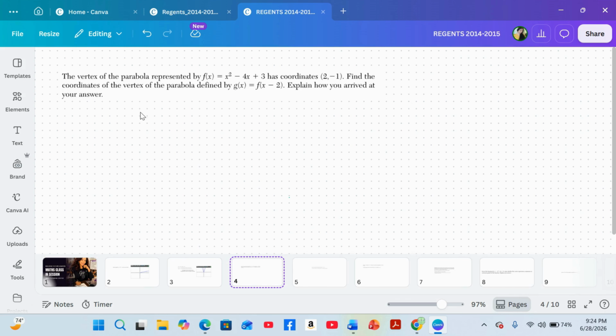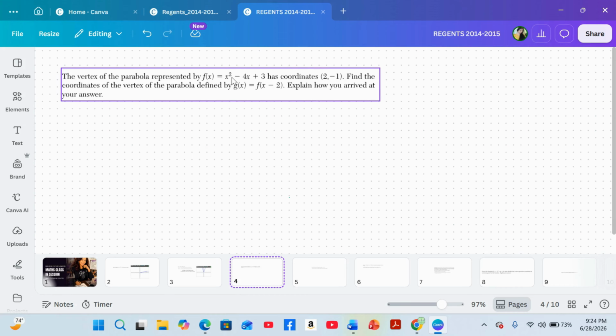Next question. The vertex of the parabola represented by f of x equal to x squared minus 4x plus 3 has coordinates 2, negative 1. Find the coordinates of the vertex of the parabola defined by g of x equal to f of x minus 2, and then explain how you arrive at your answer.